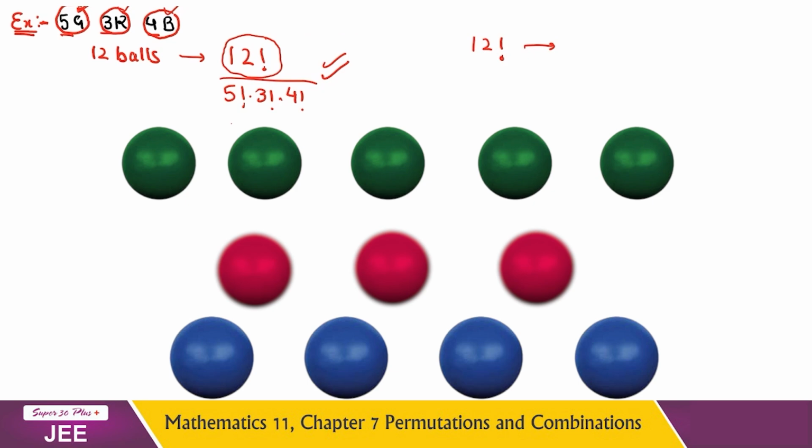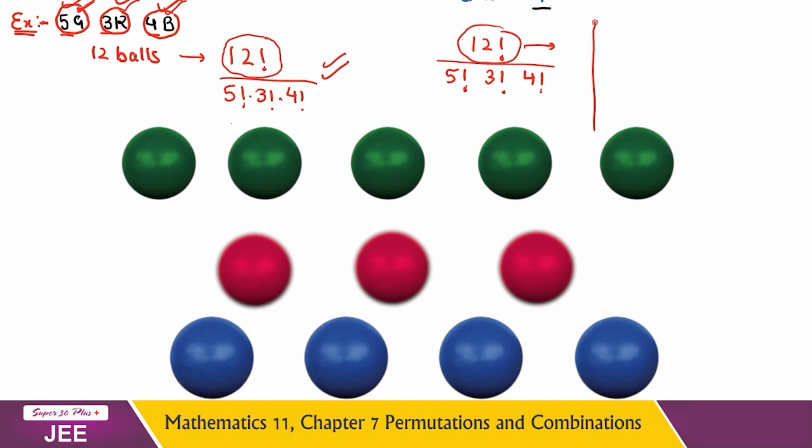So if this is an incorrect answer, how are we going to get a correct answer? By dividing it with the correction. And that correction is 5 factorial because of this, 3 factorial because of this, and 4 factorial because of this. Alright, let me give you another example.